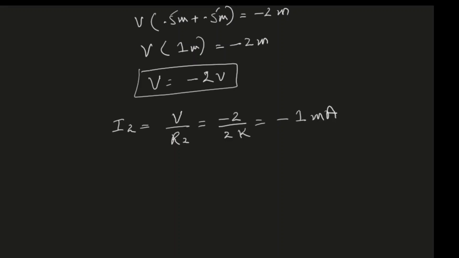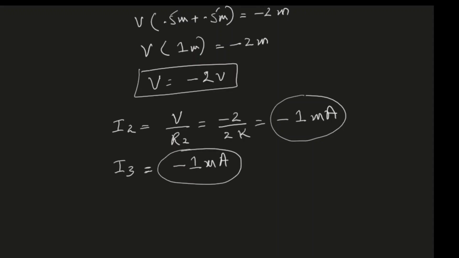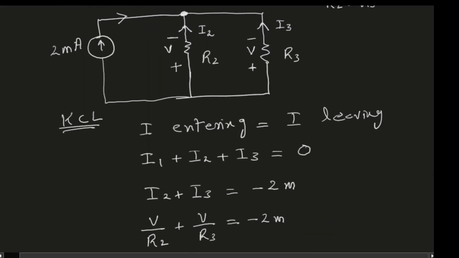All right. So I2 is negative 1 milliampere and I3 will be the same because they have the same resistor values. So that is also minus 1 milliampere. So we chose directions of current differently, and in the end, we found that the currents are actually negative 1 milliampere. So what it means is that the current I2 is 1 milliampere, but in the downward direction.